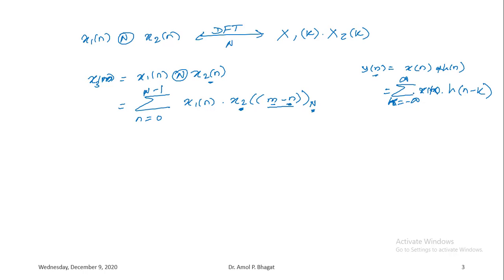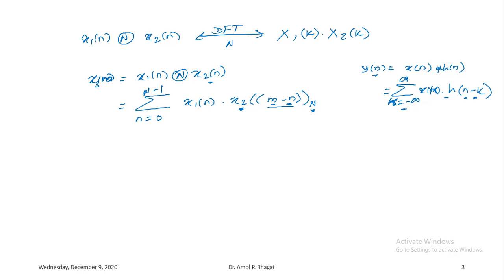Similar operations are there, that is folding, and then shifting, then multiplication, and then the sum operation, right? The same operations are here in the case of circular convolution. This is nothing but the circular convolution operation, where the folding and shifting operations are carried out in a circular manner.